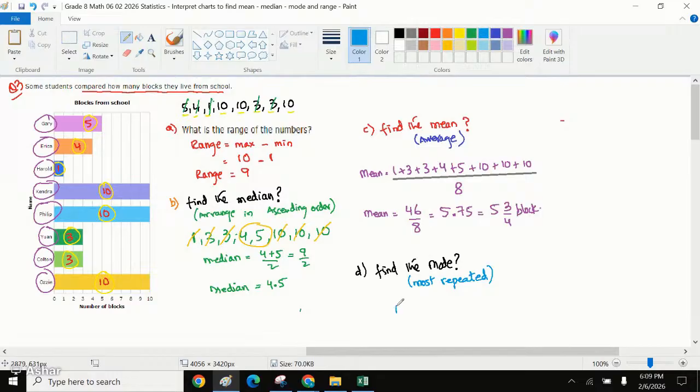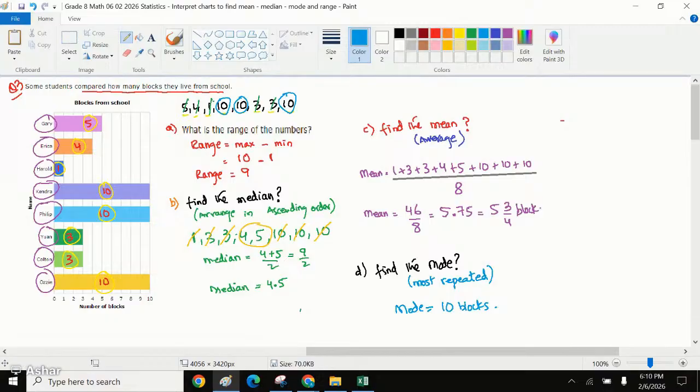We can say that when we look at these numbers over here, 10 is repeated thrice, right? That means mode would be 10 blocks. The most repeated number is the mode. So we were able to find the range, the median, mean, and mode. We were able to find a lot of values from this given information.